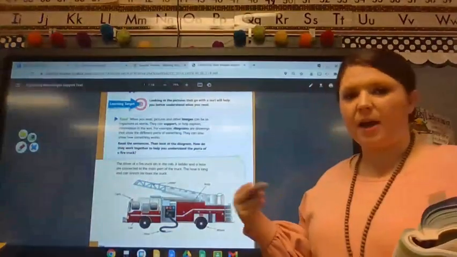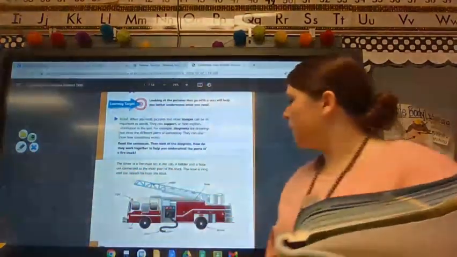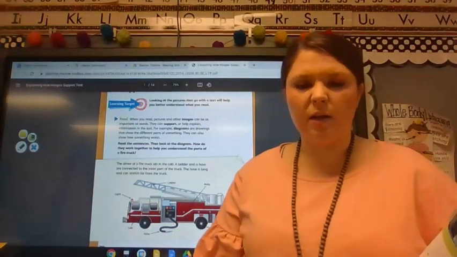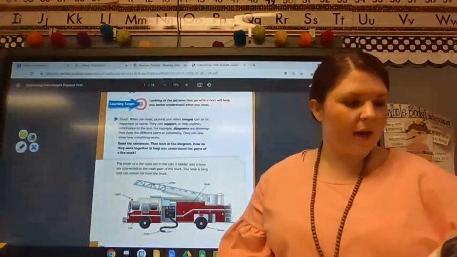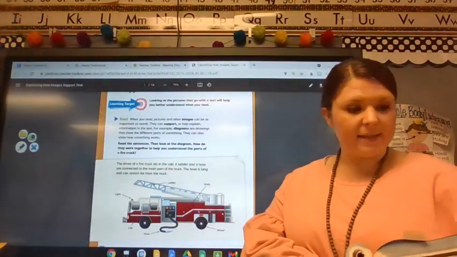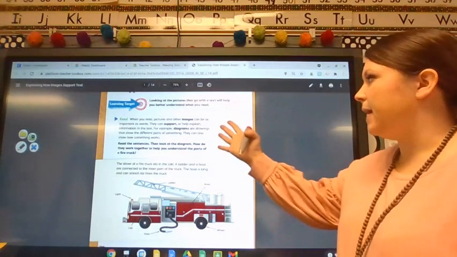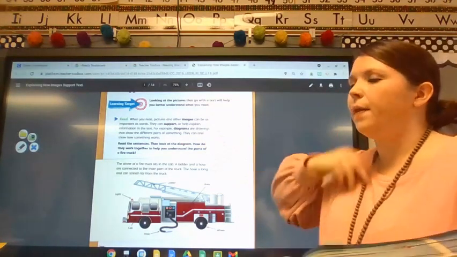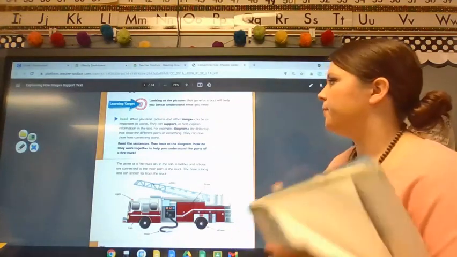You've probably seen fire trucks up close, haven't you? Maybe you didn't know what all the parts were called. We're not going to learn about all the parts, but we're going to learn about some important parts of the fire engine today, okay? All right, so I'm going to go through the read section just to help point out those key words that we need to know in order to be able to do this lesson, okay?